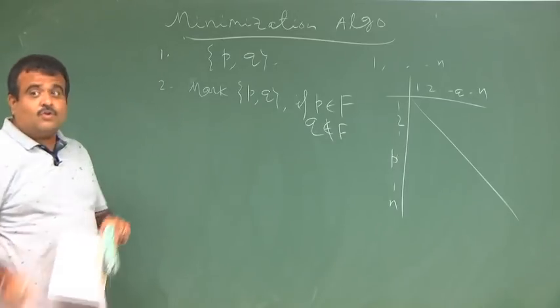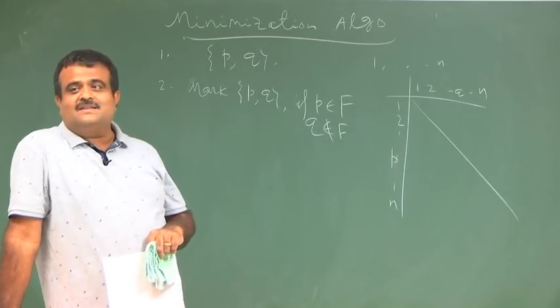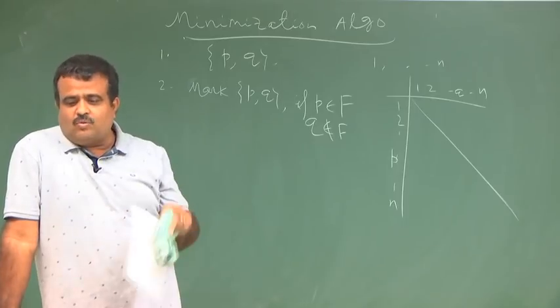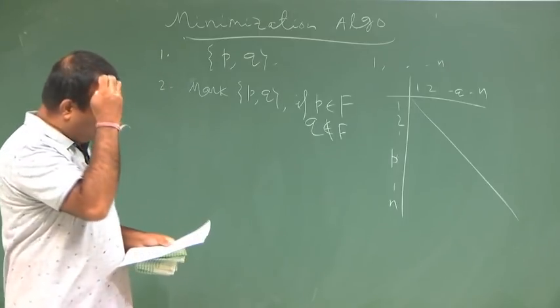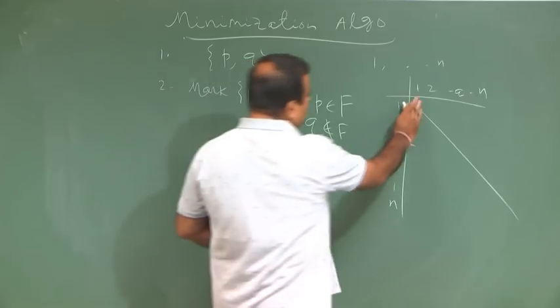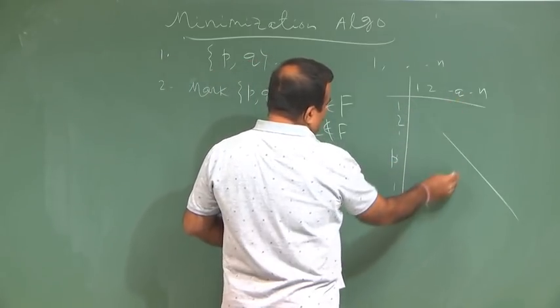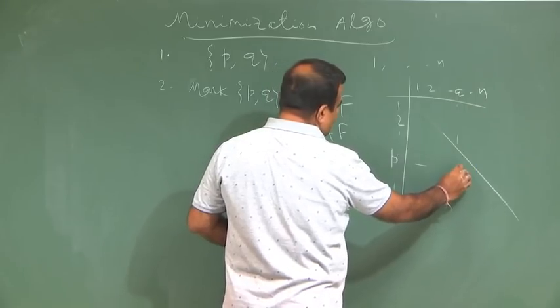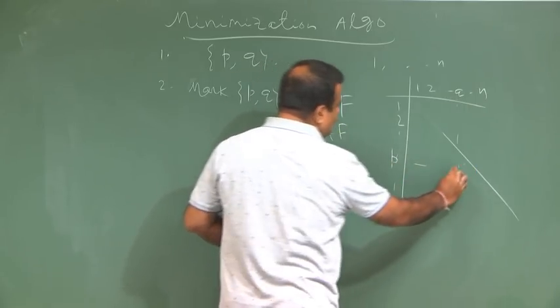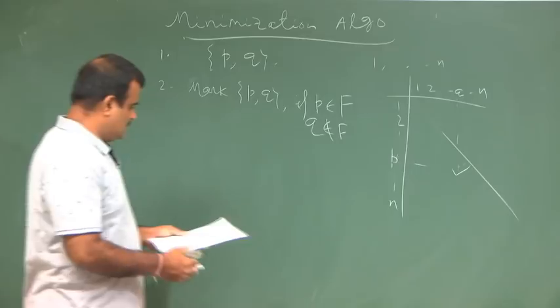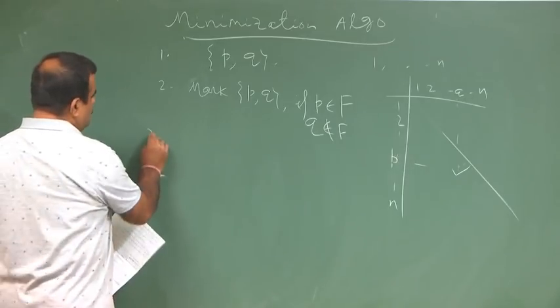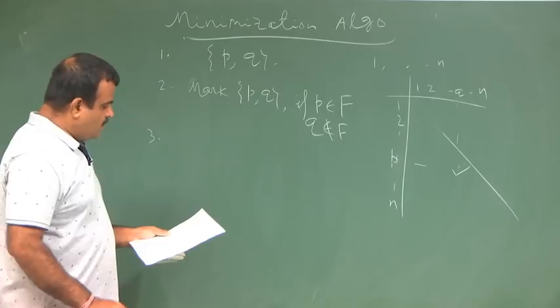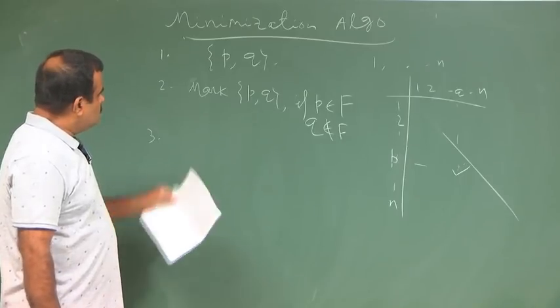That means they are not equivalent; this is kind of the 0 equivalence class. So, we check p, q, and if they are in different states, we just put a tick over here, and then we repeat this. So, this is the first level.